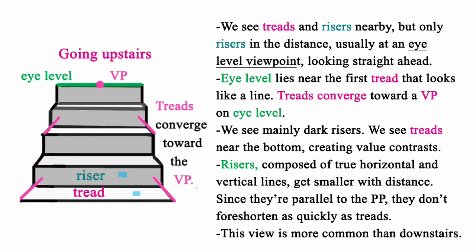We see less and less of the treads as they converge toward the vanishing point on eye level, and eye level is where the tread looks like a line. Risers are composed of true horizontal and vertical lines. Since they're parallel to the picture plane, they don't foreshorten as quickly as the treads. The only lines that recede in the distance are these diagonal lines.